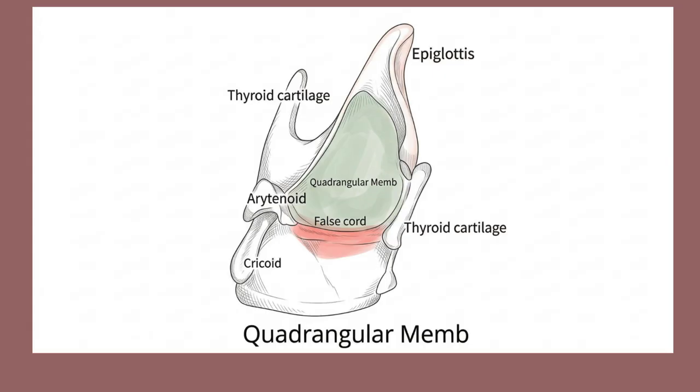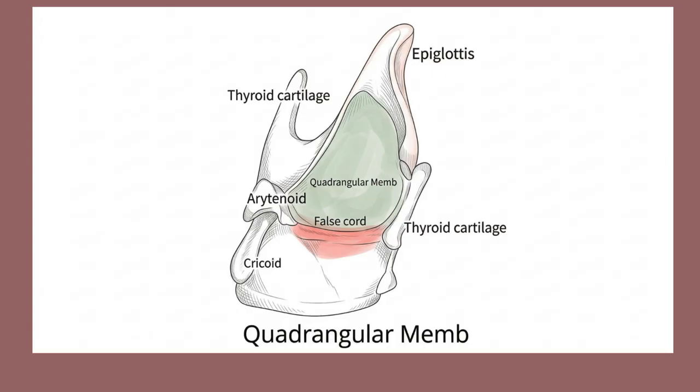So the lower border of the quadrangular membrane is known as the vestibular ligament. When it is covered by the mucosa, it is known as false cord. So the two false cords on the right and left side together form a sort of a sphincter which is not as strong as the true vocal cords, but it still plays a part in the protection of the tracheobronchial tree.